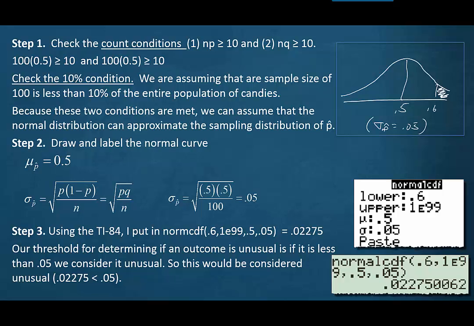Our threshold for determining if it's unusual or surprising is: is this value less than 0.05? If it is, we consider it unusual, surprising, and 0.02275 is less than 0.05. So yes, it would be considered surprising to get a sample proportion of 0.6 if indeed the population proportion were 0.5.